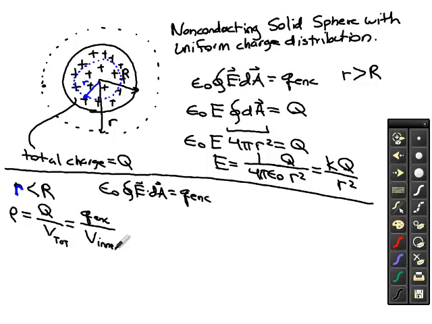So that means I can say Q over 4/3 pi big R cubed is equal to Q enclosed over 4/3 pi little r cubed.